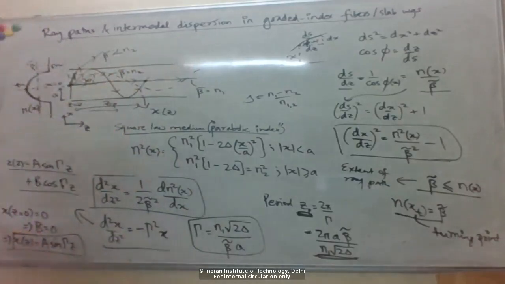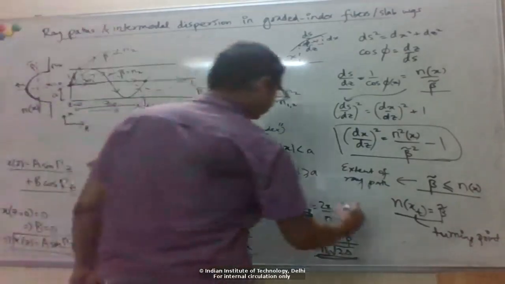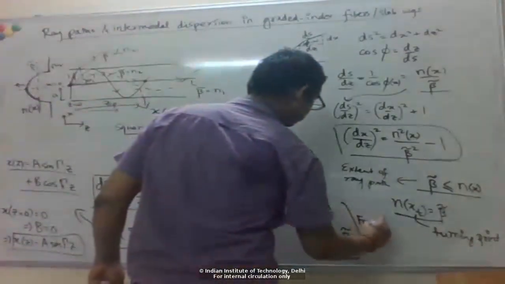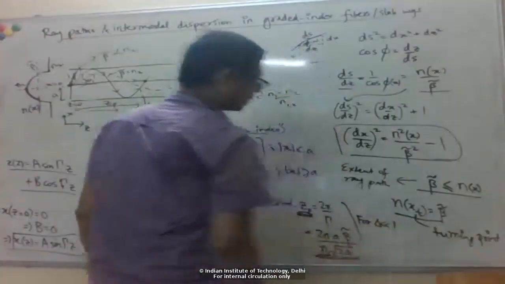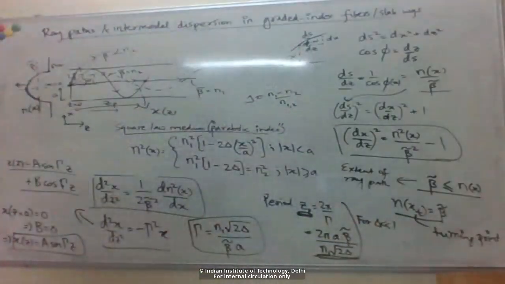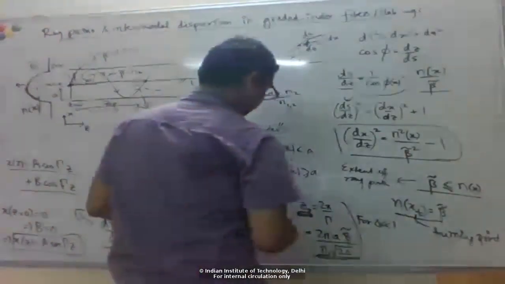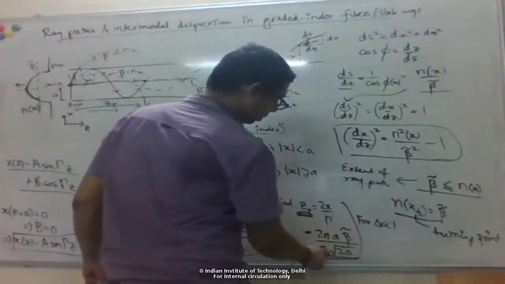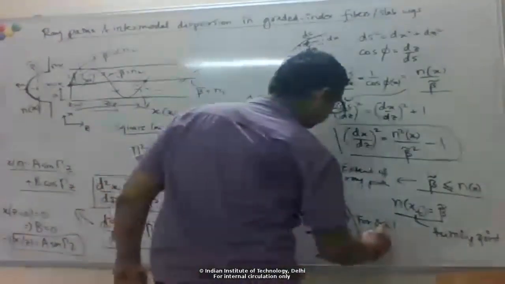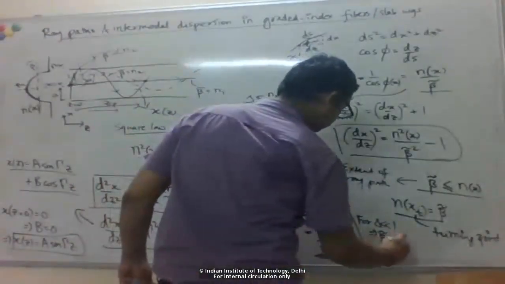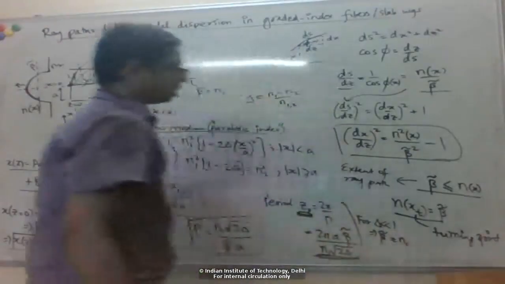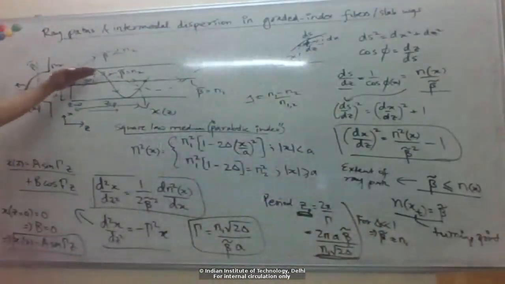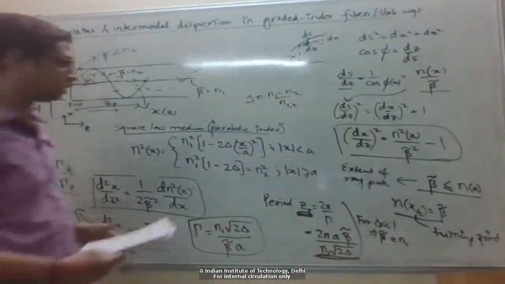So, right. So for this delta being very small, which is usually the case, basically beta tilde is almost n1, right? Because again, this cosine theta I is almost 1.